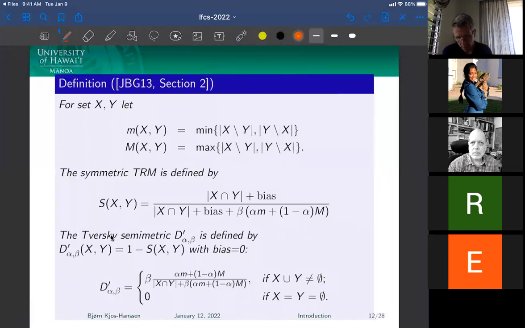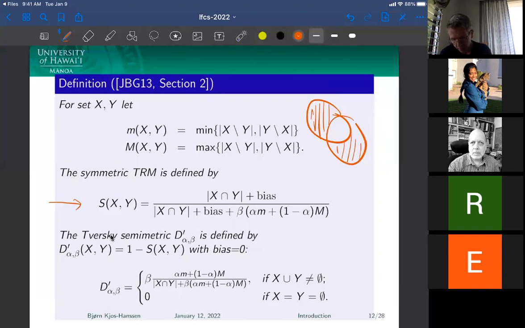Okay, so now let's see if we can state our results. Since we're talking about the minimum or maximum of the cardinalities of these 2 parts of the Venn diagram, like this and this, let's call those little m and big M, where big M is bigger than little m. Then in terms of that, the definition by Jimenez et al. goes like this.